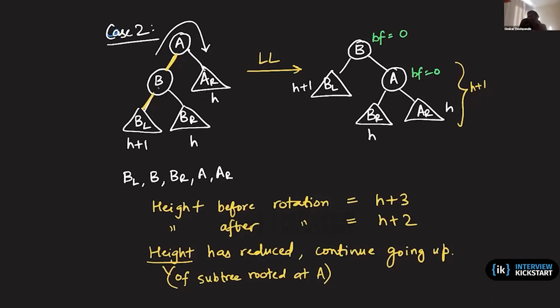Now the question comes, continue going up. If I'm making B the root now, what else do I need to do? You look at the parent. Obviously we completely ignored all the nodes that are further up.